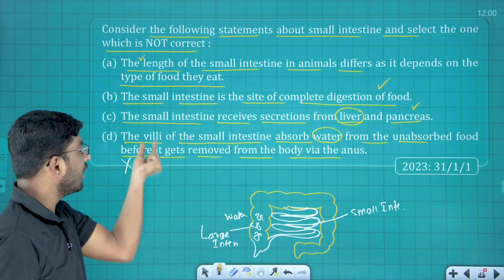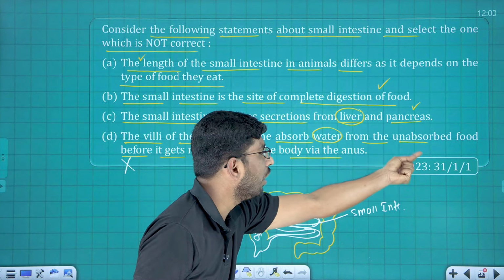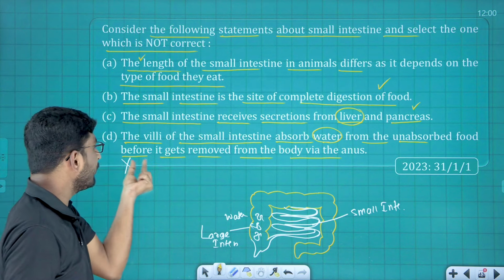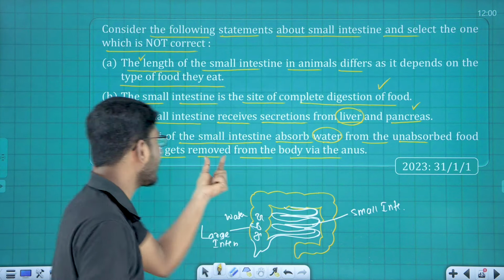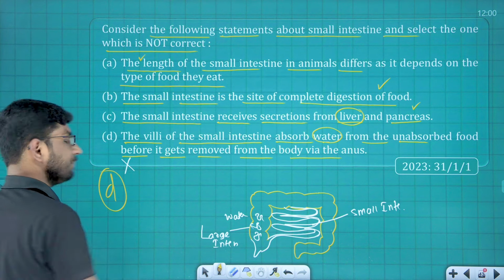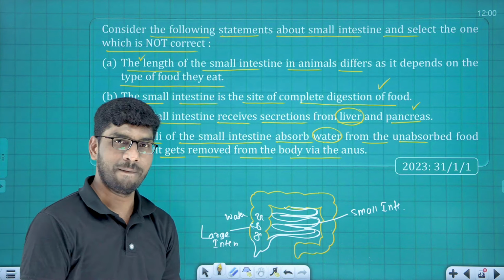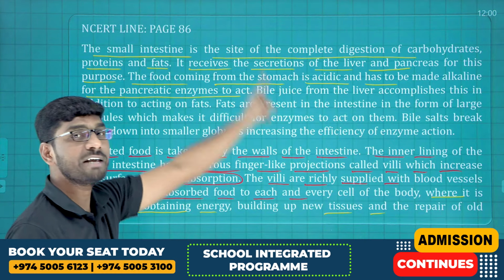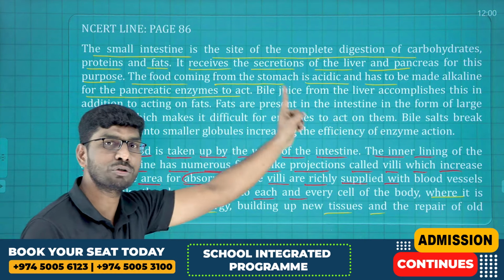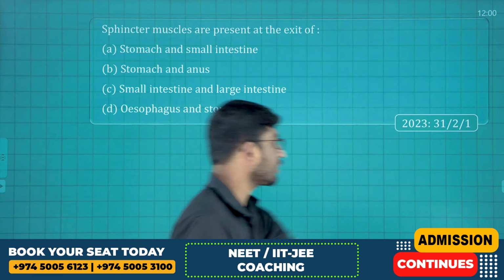They gave that the villi of the small intestine absorb water from the unabsorbed food before it gets removed. This is actually the large intestine. So the incorrect statement is option D. You understand my point? This paragraph is very, very important. Everyone should write down and underline these points. Correct? Next question.